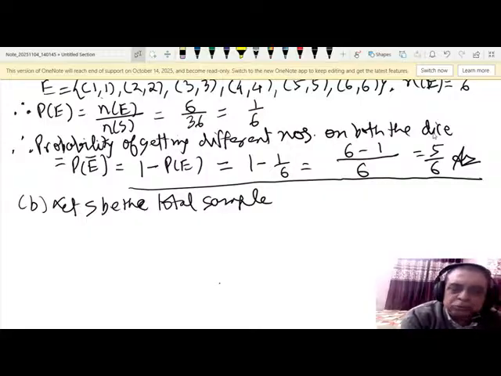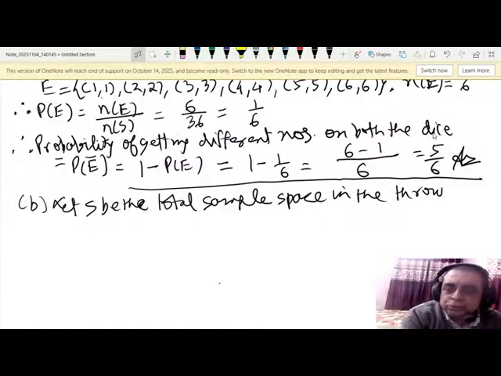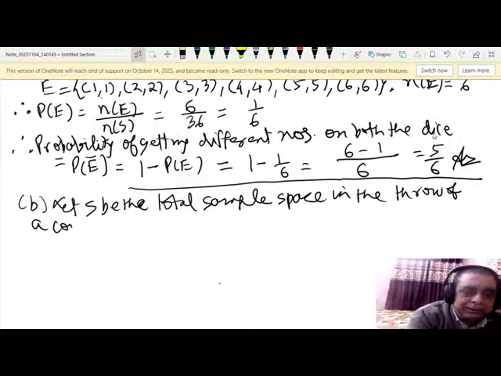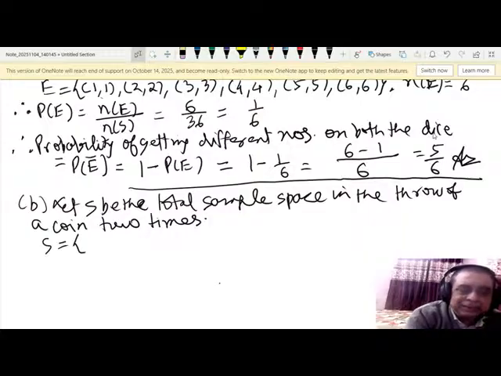Let S be the total sample space in the throw of a coin 2 times. So here S will be what? The first coin is head and the second coin is also head.